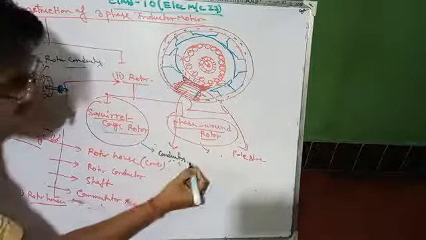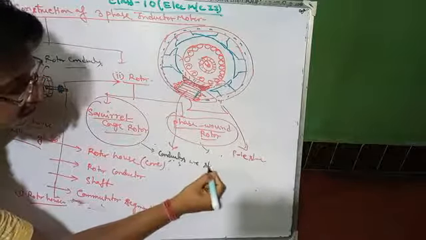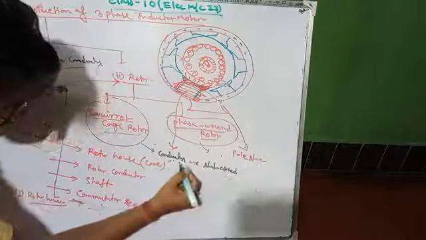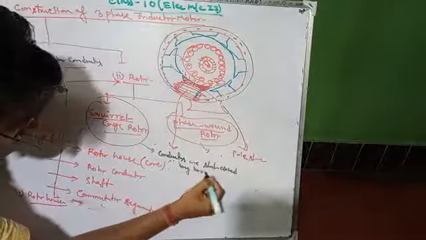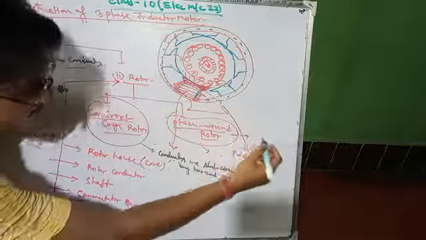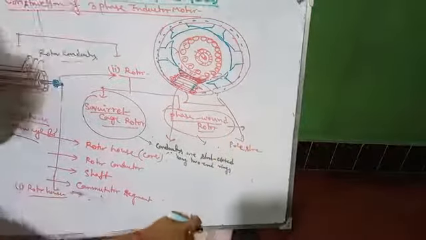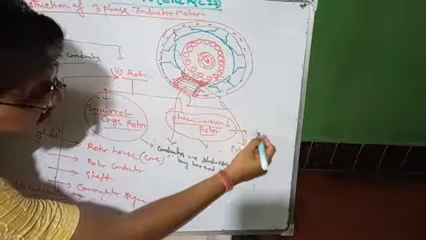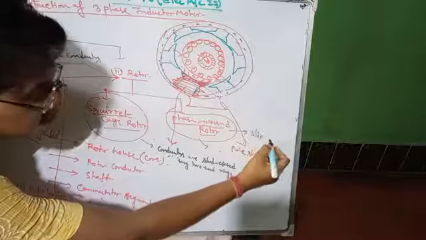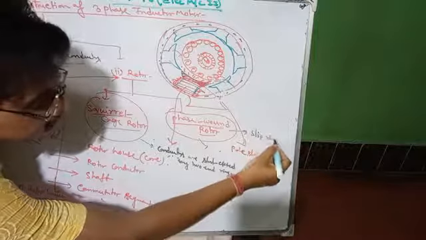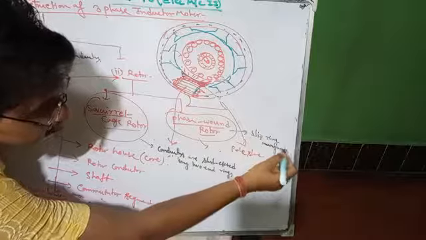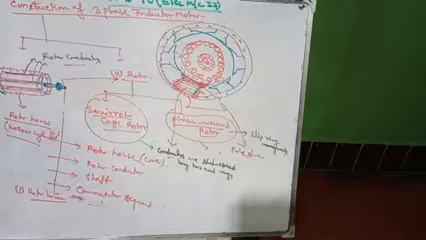Conductors are short circuited by two end rings, and here slip ring arrangement. Rotor conductors are connected through slip ring arrangement. Through slip ring arrangement. Okay.